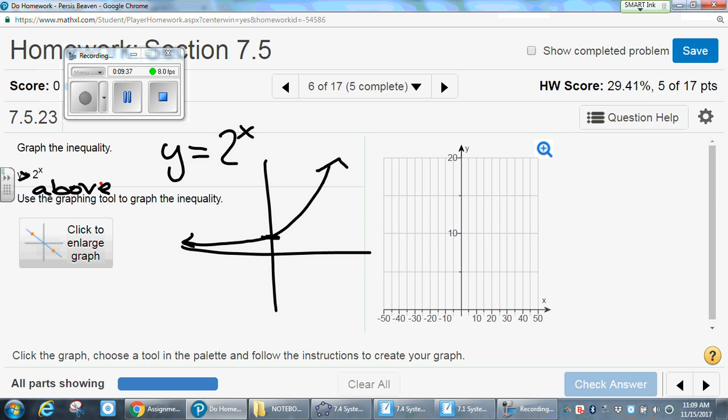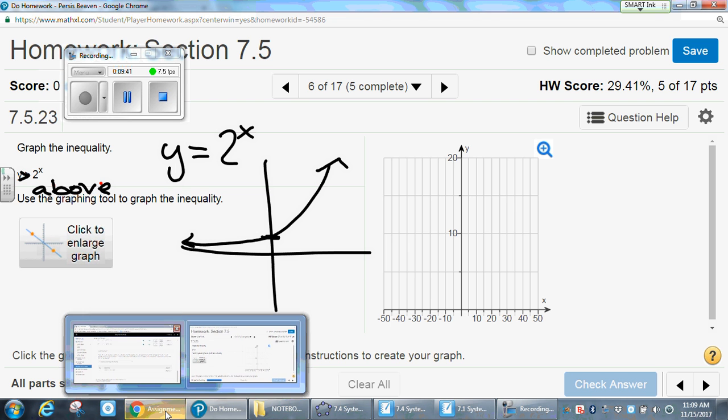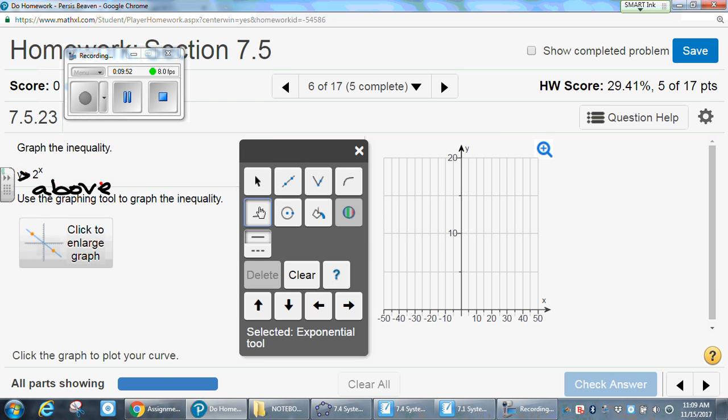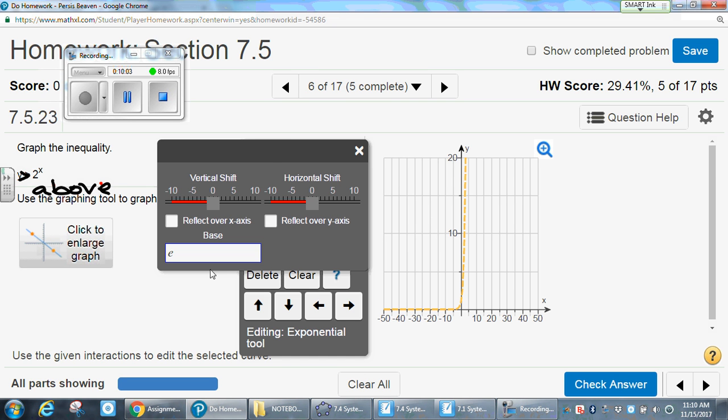The way you're going to graph this one, I'm going to use my mouse for that. You need to click on the graph, and then select the shape of the exponential, which is this one. Then we want a dash line, correct? Then we click on it again, and it gives us the shifting options.